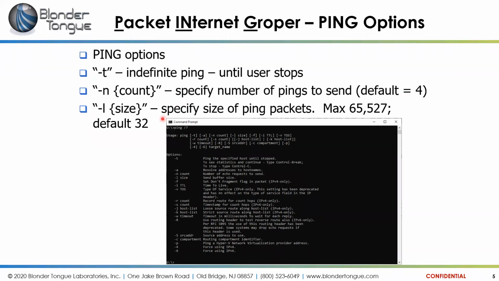You can change the size of the ping packets with the -l command. The max is 65,527 bytes. The default is 32 bytes. There are some other commands here, and I wasn't going to go through all of them, but -t, -n, and -l are the most common that are used with the ping command.